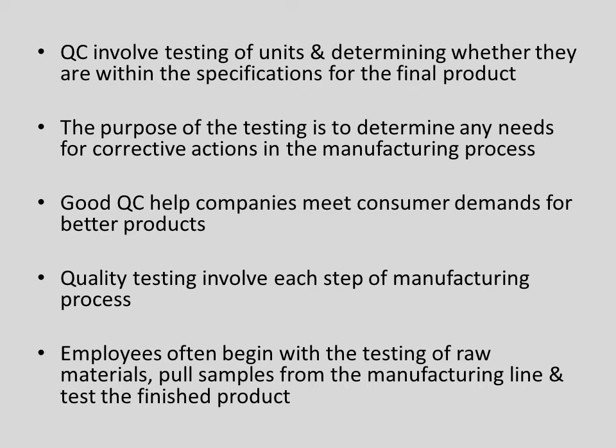All the units are tested individually, and in this way it is determined whether they are working properly, whether they are working in such a way that they can give the final product of expected characteristics. The purpose of the testing is to determine any needs for corrective actions in the manufacturing process.